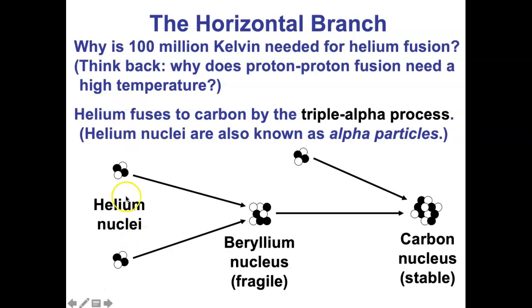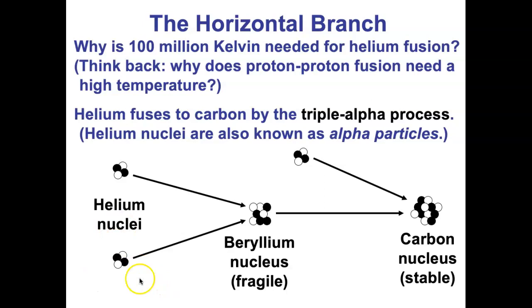Hydrogen fusion happens when a hydrogen atom and another hydrogen atom collide fast enough that the strong force can fuse them together before the electric force has a chance to push them apart. The magic temperature where the hydrogen collides and sticks is 10 million Kelvin.